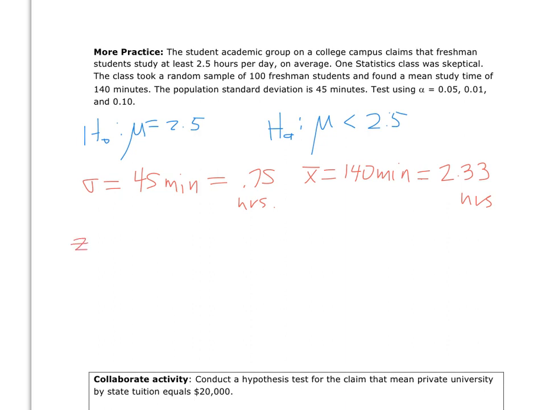So now let's calculate the test statistic. It's a z-value. We take X bar, 2.33, minus 2.5 over the population standard deviation of 0.75 divided by the square root of 100. And that gives us a test statistic, or a z-value, of negative 2.27.